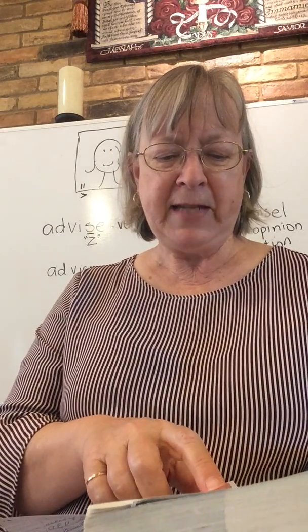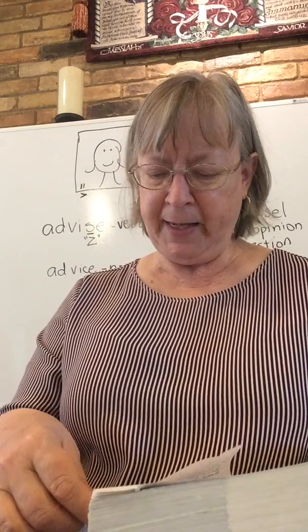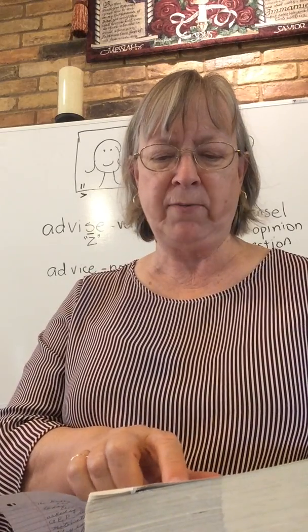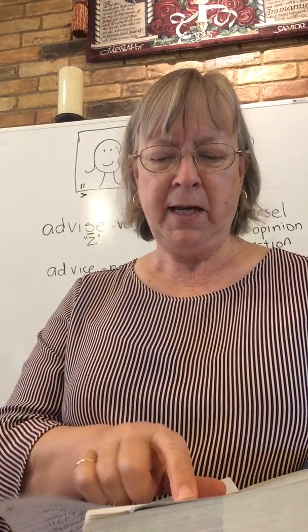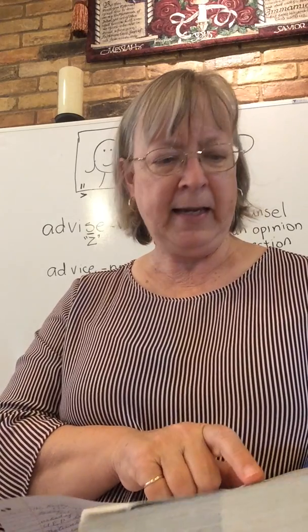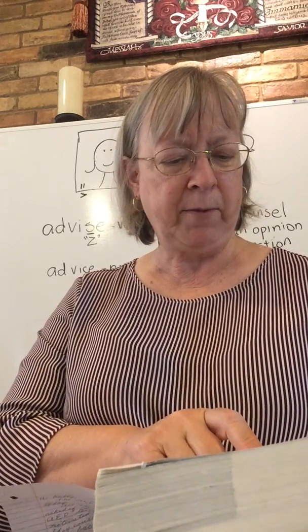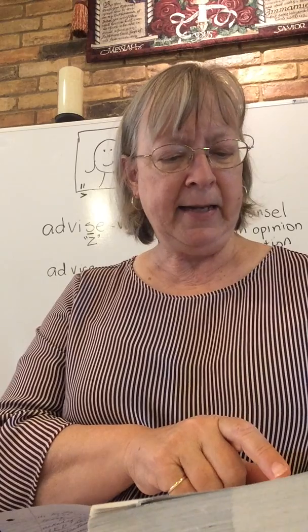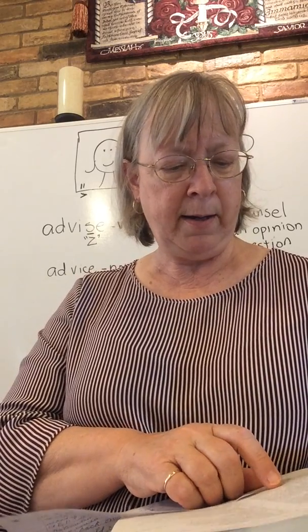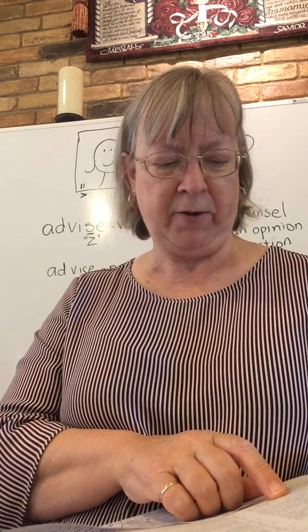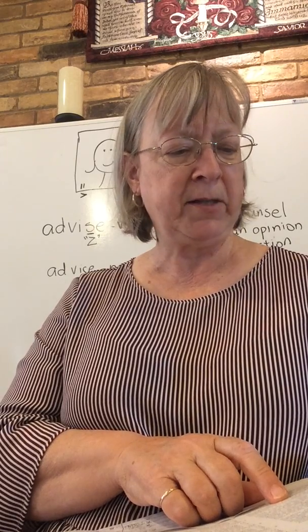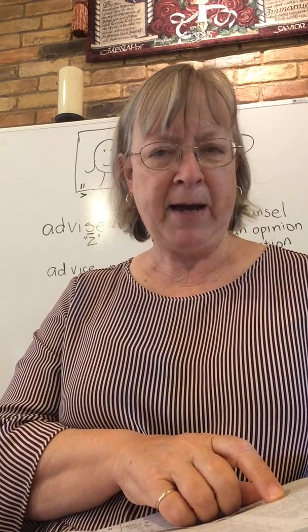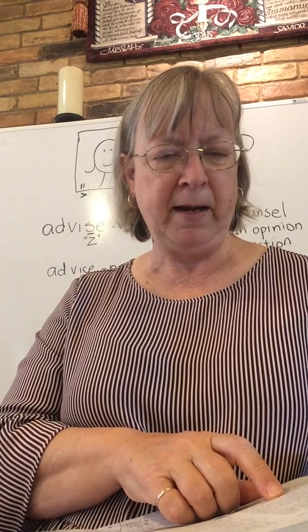So that leaves A, B, and C. And I think clearly A, he wants to reconcile what he saw with what his father told him. Again, if you look at paragraph 3, at the end, he tells about what he saw. Paragraph 2 is about what he saw in his dream.